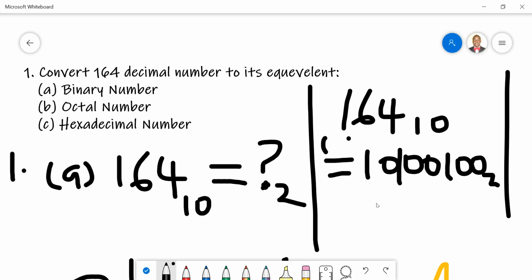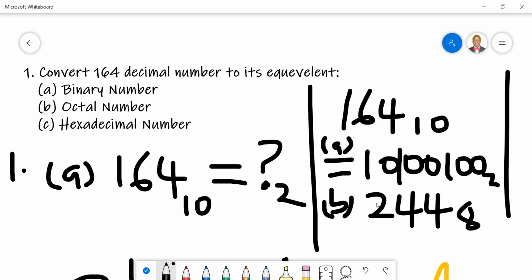So it's answer number A. For number B we get that its equivalent octal, if you still remember, is 244 base 8.